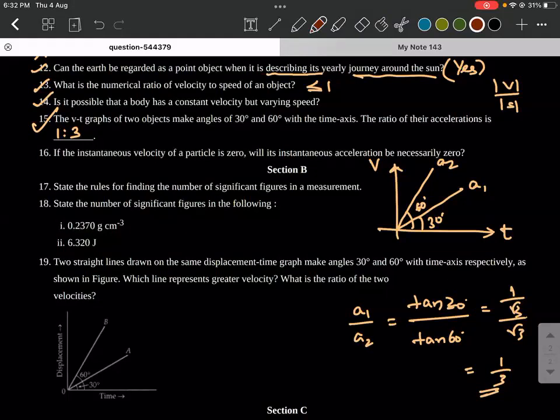State the rules for finding the number of significant figures in a measurement. There are certain rules. You have not learned them.